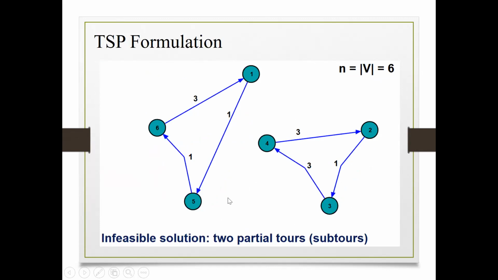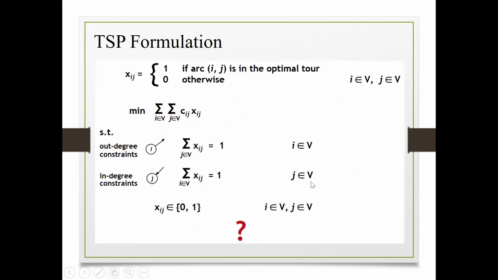The constraint that is missing is that we should be able to connect each sub path with each other. So I get basically 2 partial tours, which satisfy these conditions and minimize the objective function.